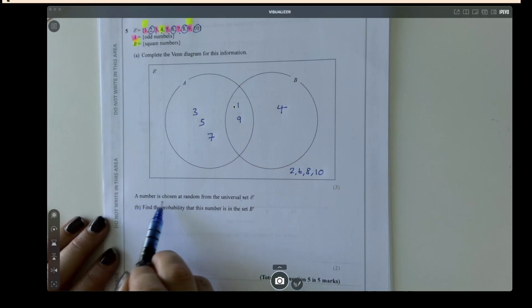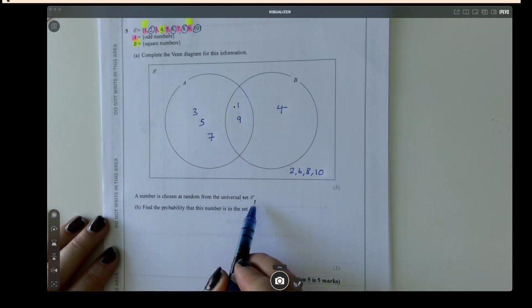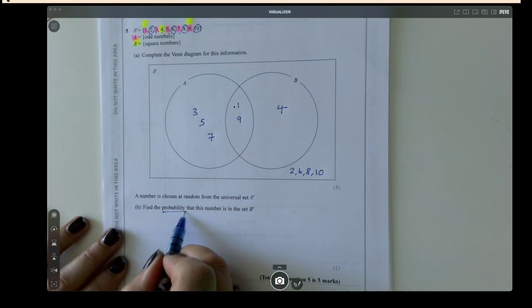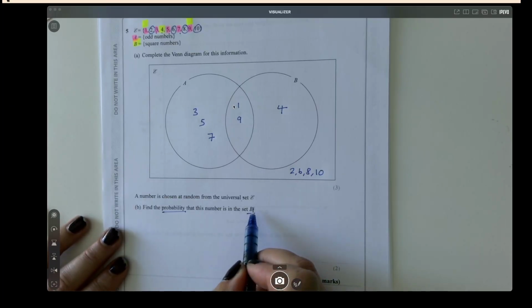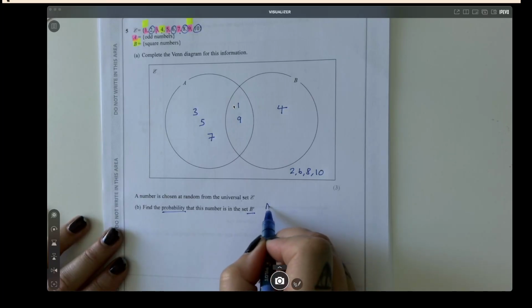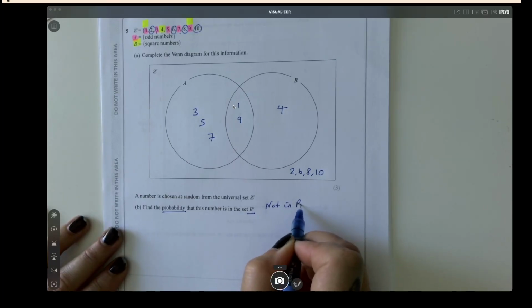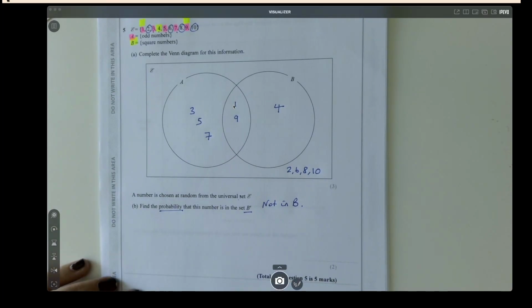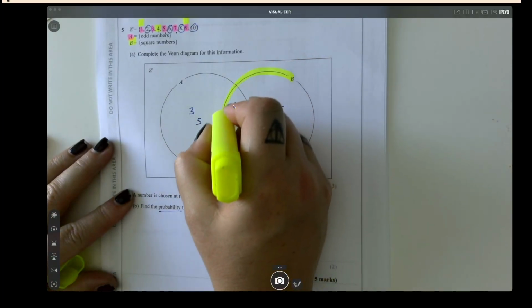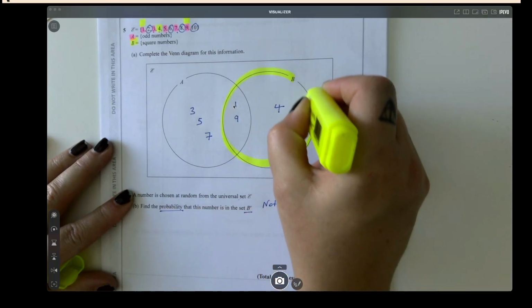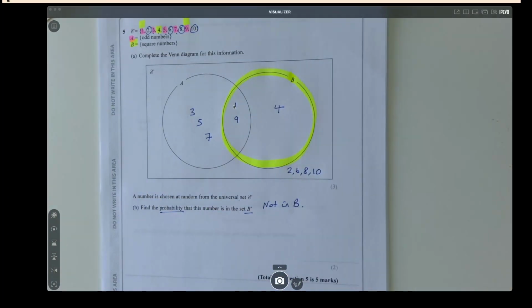Okay, a number is chosen at random from the universal set. Part B, find the probability that this number is in the set B complement. So that little dash there is complement, and it means not in set B. So we're looking for anything that's not within the B circle, so anything within that we're not including.